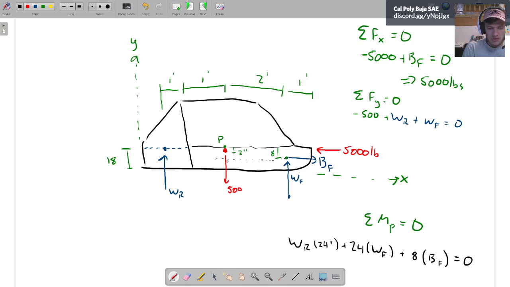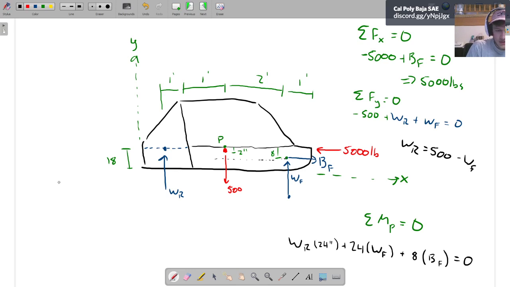But I happen to choose this one. Maybe I have some other problem that I need some other things for. Whatever. This is the decision we made. So now we can plug all this stuff in, and let's go ahead and go through the math here. So BF equals 5,000 pounds. So this will be WR equals 500 minus WF.